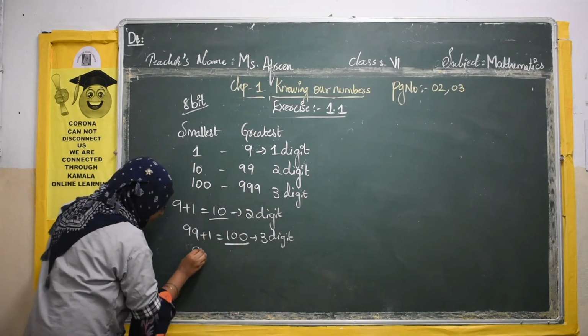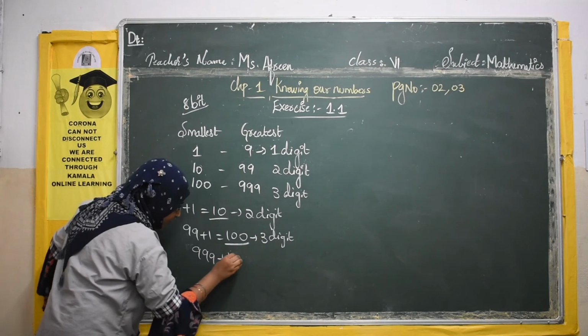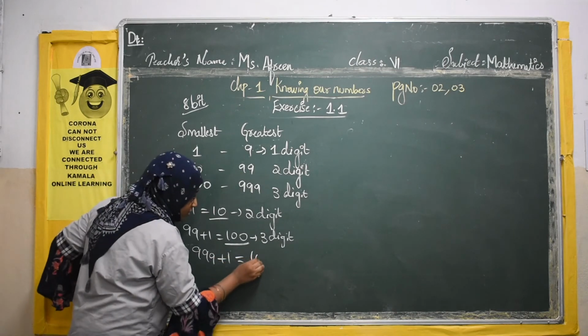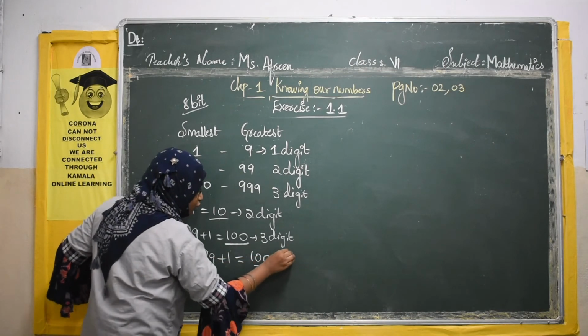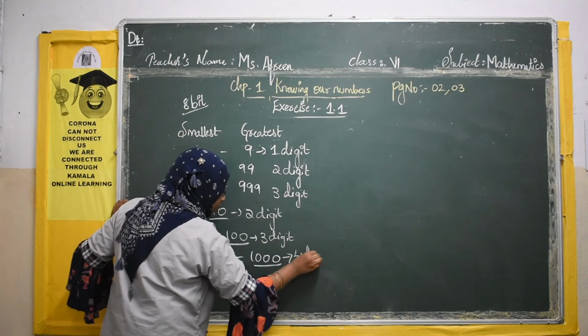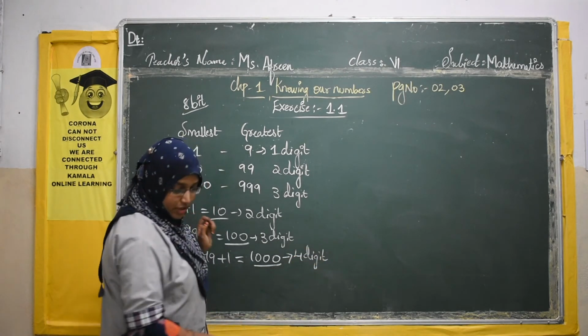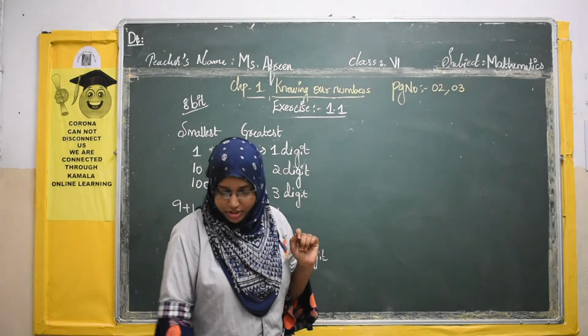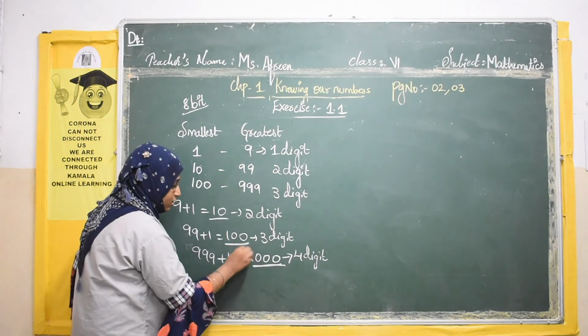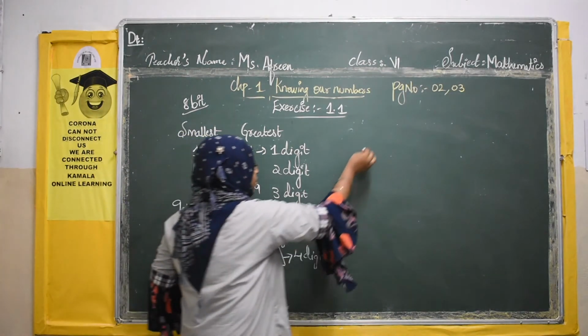Similarly, if you add 1 to 999, you will get 1000. This is the smallest 4-digit number.